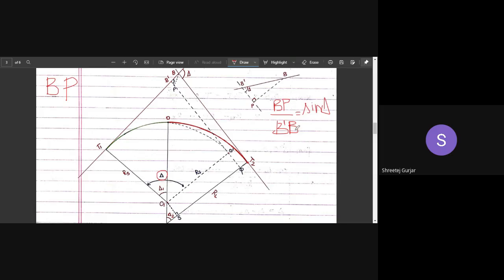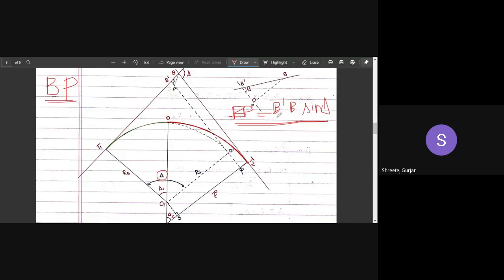Now what is BP? We want BP, correct? BP is B dash B into sine delta. I have taken B dash B to the other side. BP is equal to B dash B into sine delta. Okay. So we have got an equation for this particular line BP.